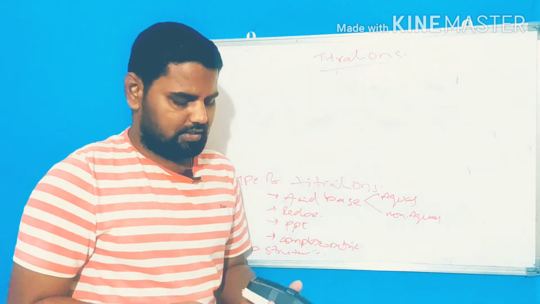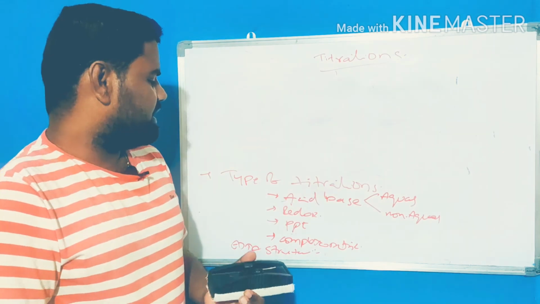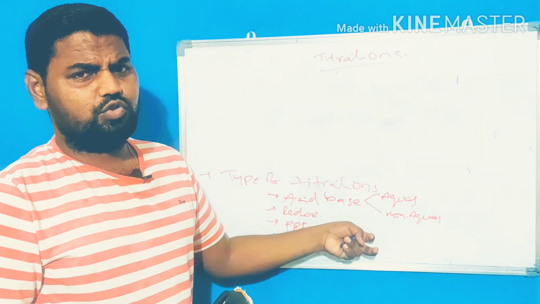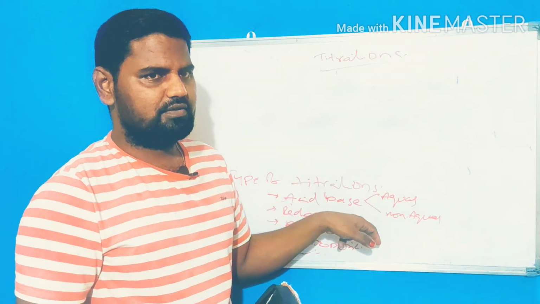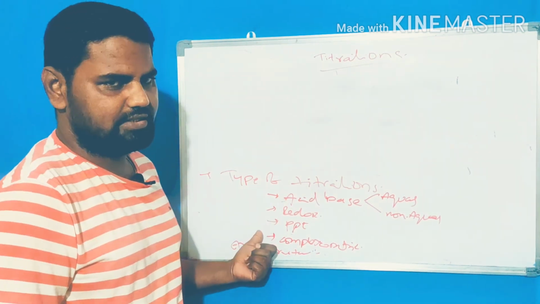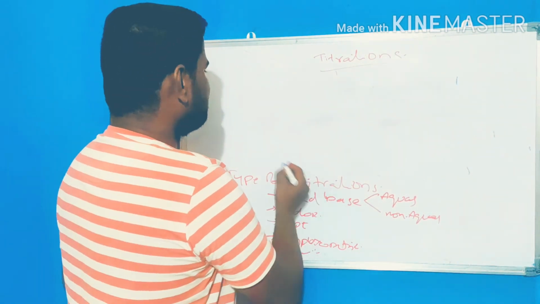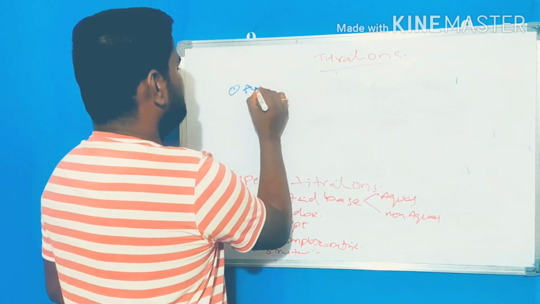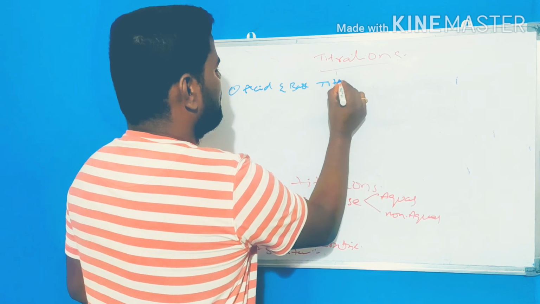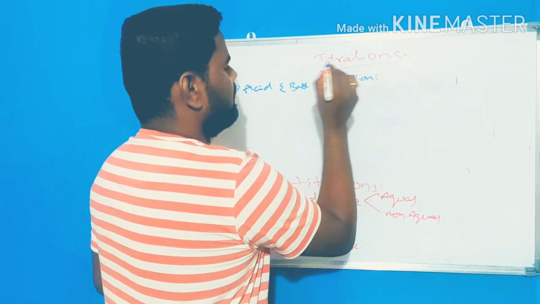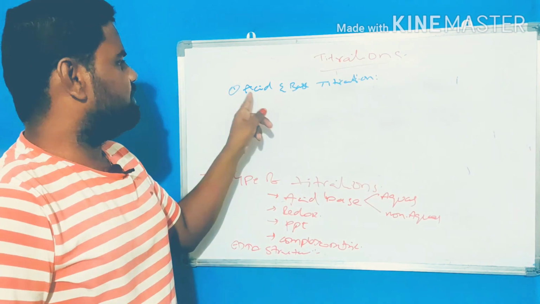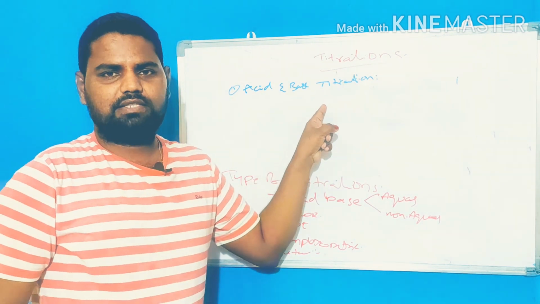Types of titrations. In the pharmaceutical industry, there are many types of titration. As per my knowledge, I am discussing these four titrations. First one is acid-base titration. In this titration, neutralization occurs between acid and base.